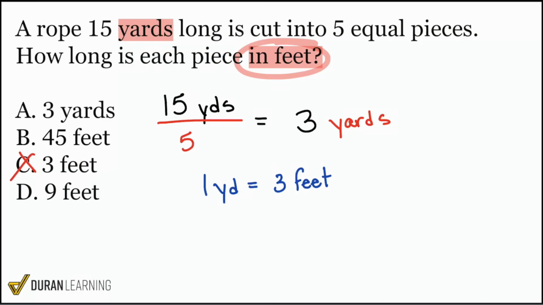So if I want to go from yards to feet, we are going to be multiplying, because we're going from the big unit to the small unit, which means multiplication by the conversion rate. So 3 yards, we will multiply by 3 to convert, and that will give us 9 feet. Boom.